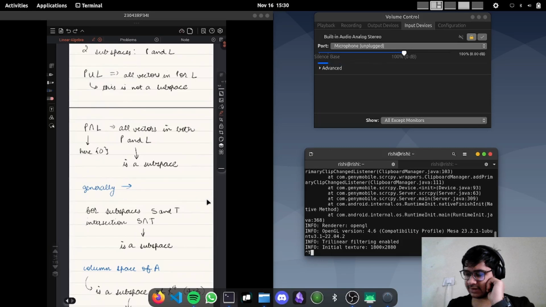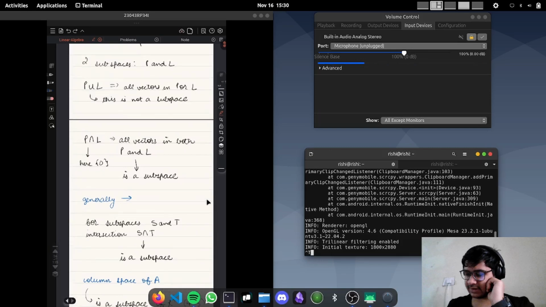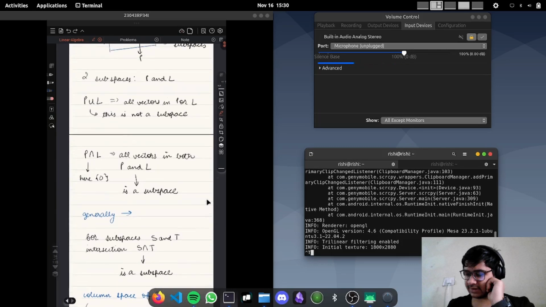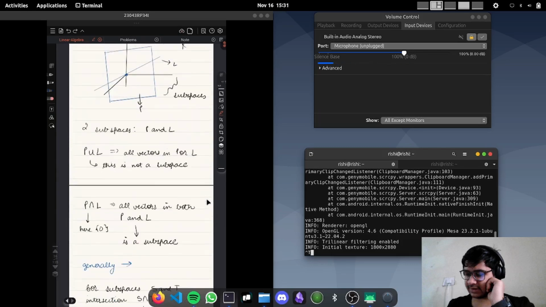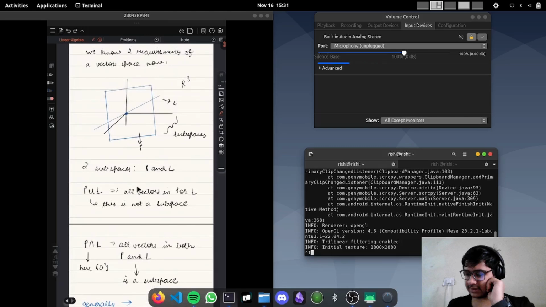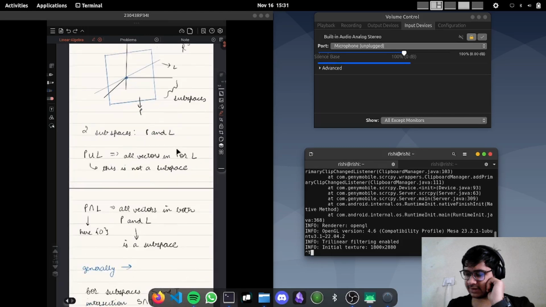We have to understand this intuition, because all vectors in P or L might not form a subspace. If P and L are two subspaces, the intersection will always be a subspace.